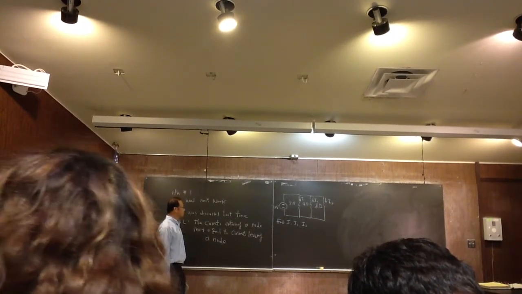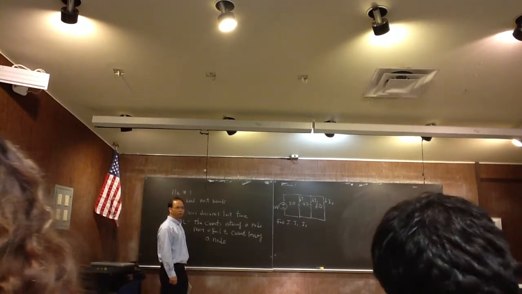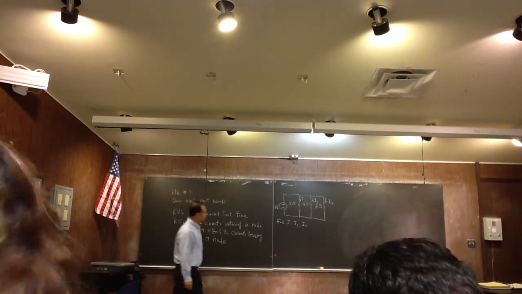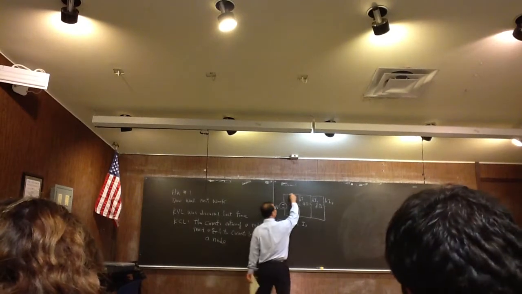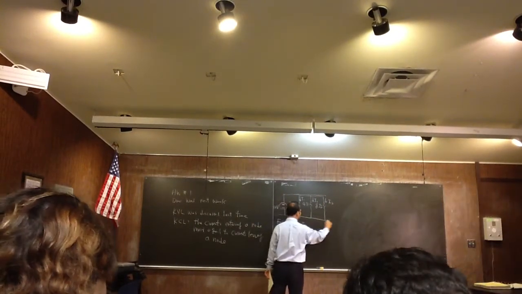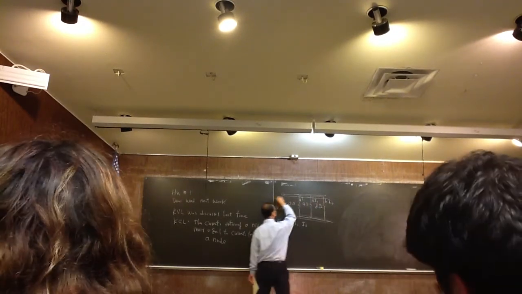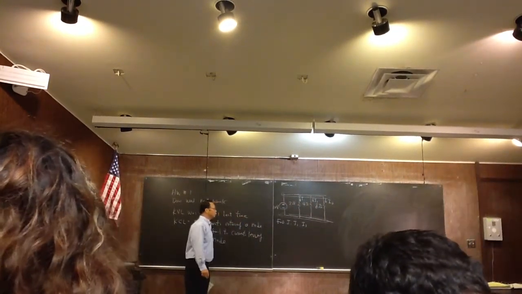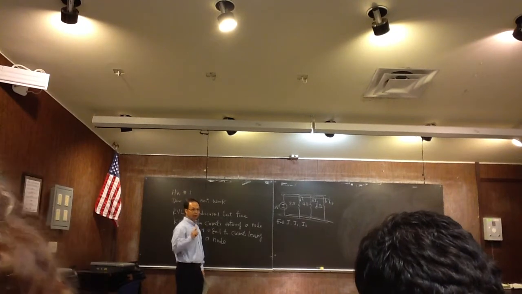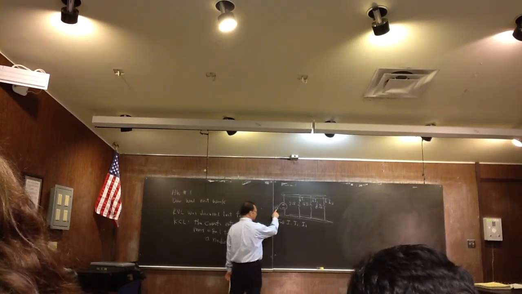Yeah. The simplest way to solve this problem is to use Ohm's law. Between these two nodes, this is a single node, right? That's a single node. So between these two nodes, there's a voltage of 10 volts.